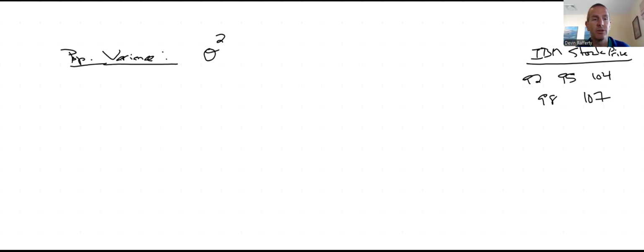Okay, so sigma squared is the population variance. This is a characteristic of a population, it's a parameter. Sigma squared is equal to the summation of x minus mu squared divided by capital N.